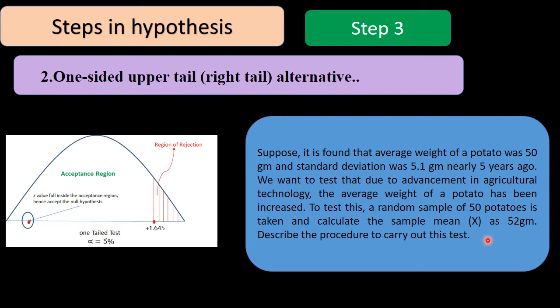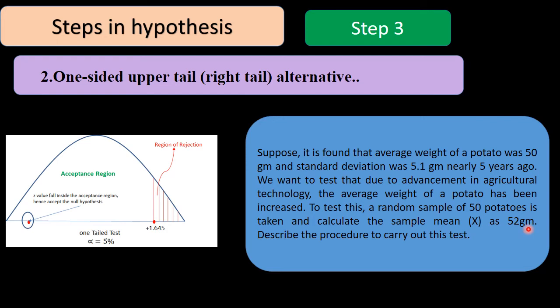Now we need to understand which kind of test, upper tail test or lower tail test. Now you know the population mean weight is 50 gram. Then after doing the research, for the sample data of 50 potatoes, the sample mean is taken as 52 gram.